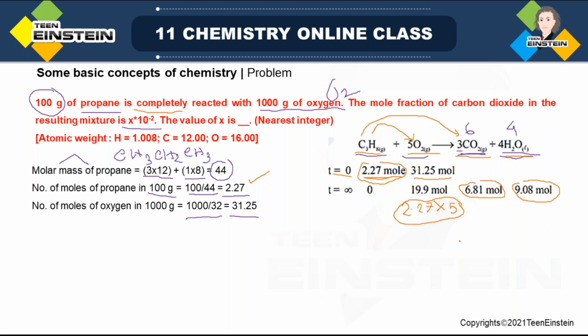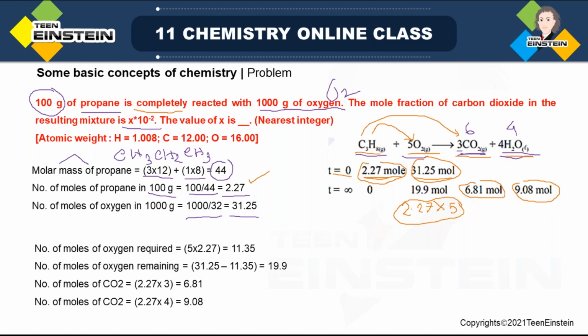And if you do this, you will see it will be near about 10, because it is 2.27 into 5. So all the moles of oxygen that are available are not required. Some amount will be remaining extra, and this extra amount is 19.9 mole. So this will be the calculation.